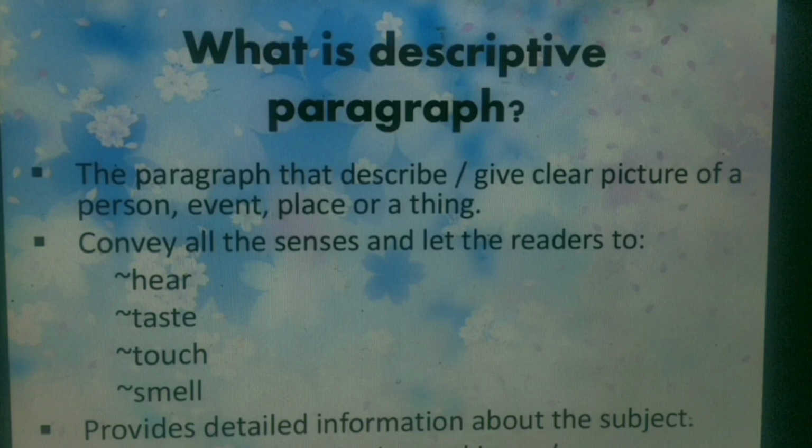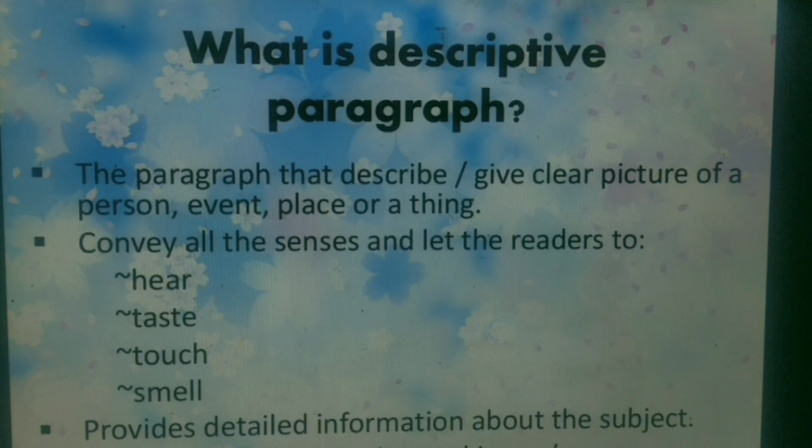What is a descriptive paragraph? The paragraph that describes, gives a clear picture of a person, event, place, or a thing. It conveys all the senses. What does senses mean? We have 5 sense organs: hearing, tasting, touching, feeling, smelling.